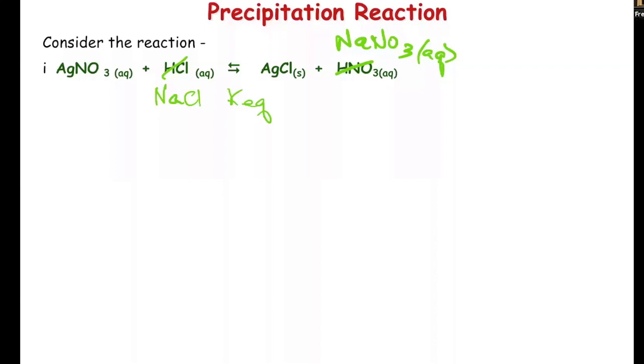So the net ionic equation really is silver plus chloride goes to silver chloride. That's the net ionic equation. The net ionic equation you can always determine because if you know the precipitate, it's only those species, those ions that are in that precipitate, the silver and the chloride in this case, that are going to be involved in the net ionic equation.